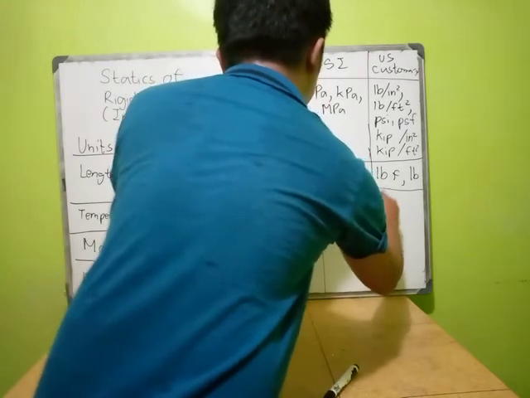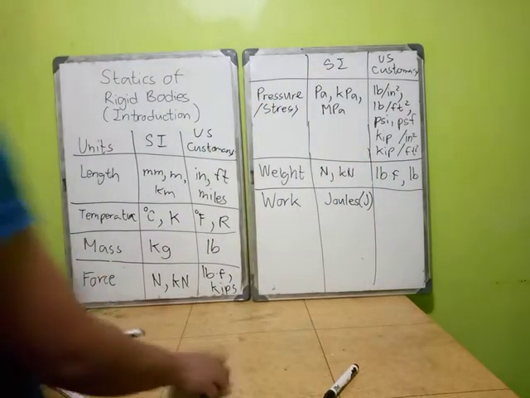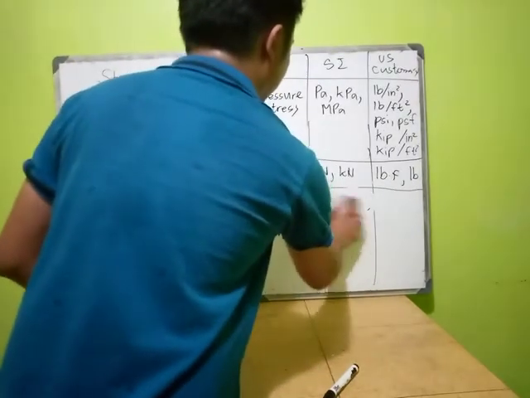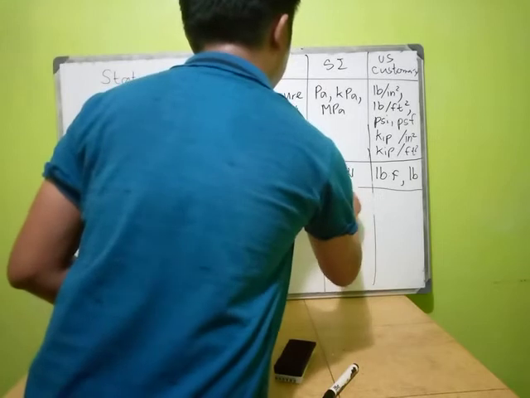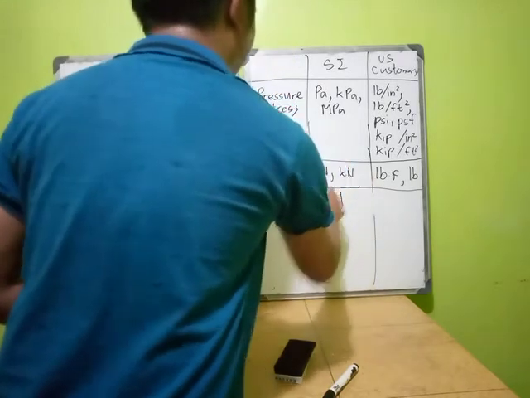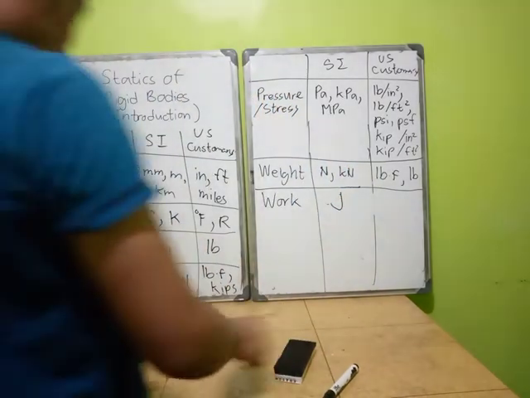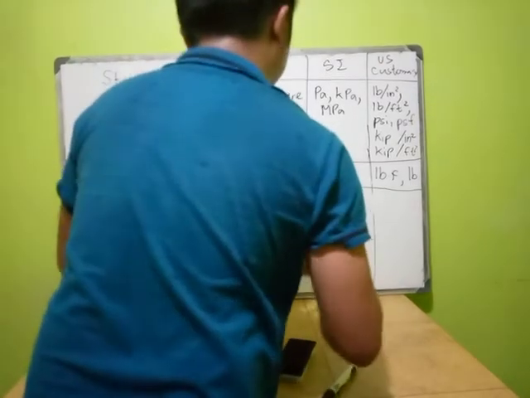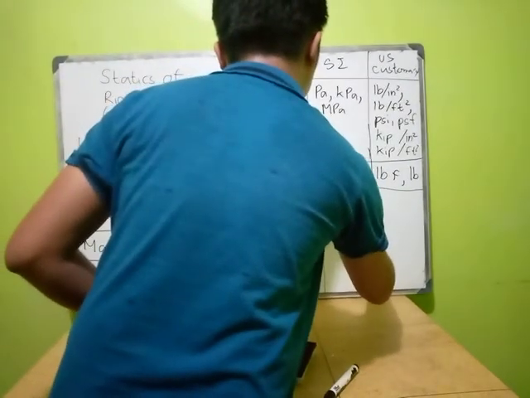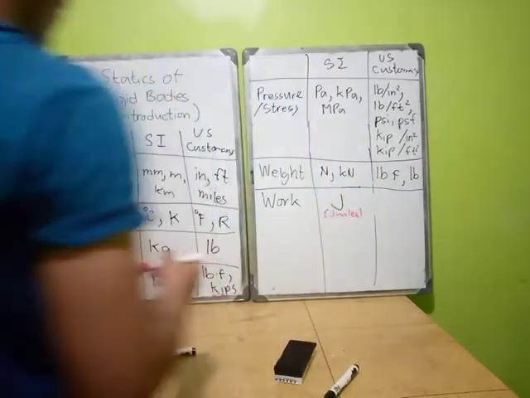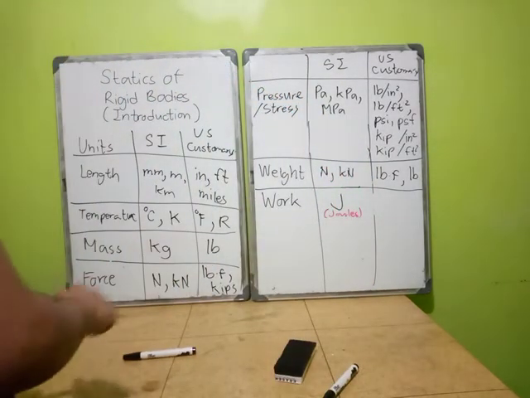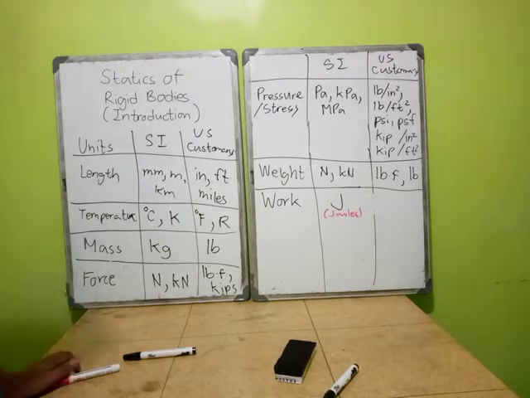Or J. Okay? Madalas gamitin ito is J. So, ano yung ibig sabihin ng J? Ang J niyan is joules. Yan.